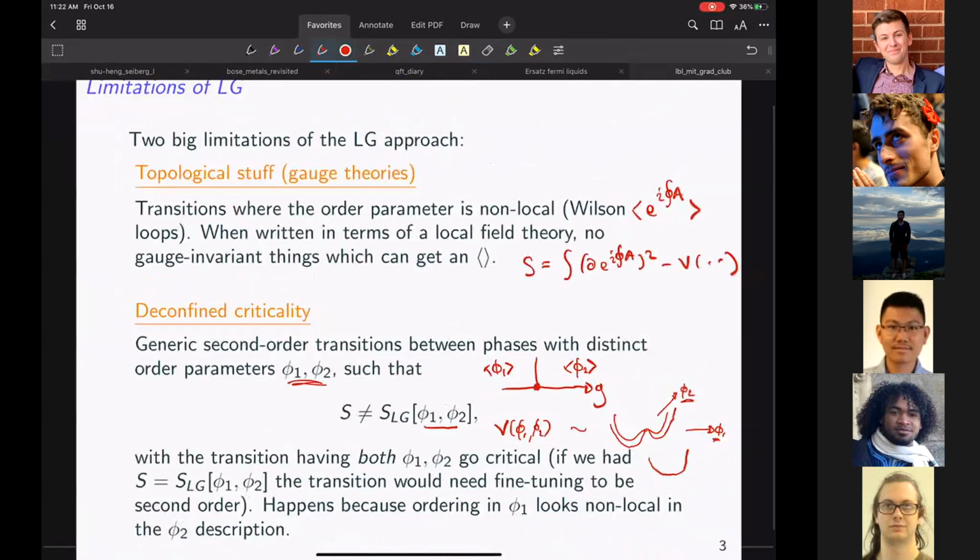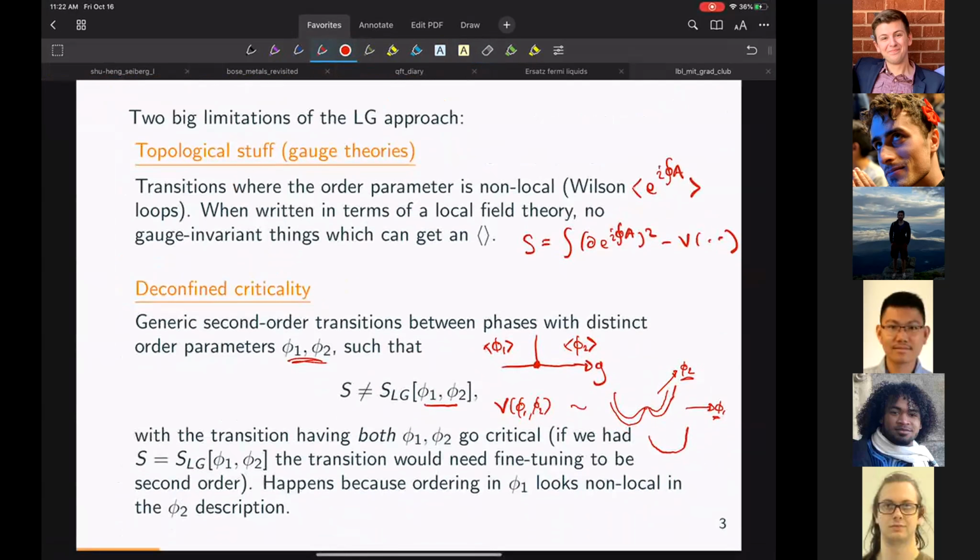And the reason why this is possible is because in this example, phi1 and phi2 are not really independent fields, in that their order parameters are not commuting with each other. If you try to write down phi2 in the description where phi1 is local, then phi2 is non-local.